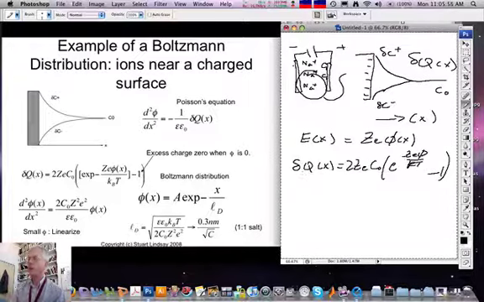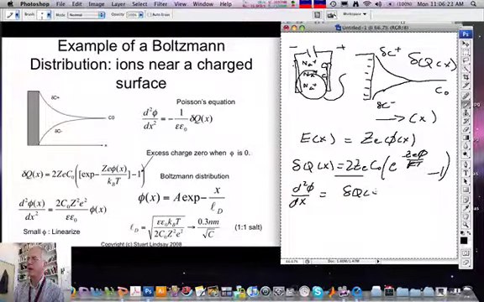So now I know the distribution of excess charges in terms of this unknown quantity, the electric field. But the electric field is related to the charge distribution by Coulomb's law, or equivalently for an electric potential by Poisson's equation. And Poisson's equation says that the second derivative of the electric potential is just proportional to the excess charge, with this constant expressed in terms of the dielectric constant thrown in.